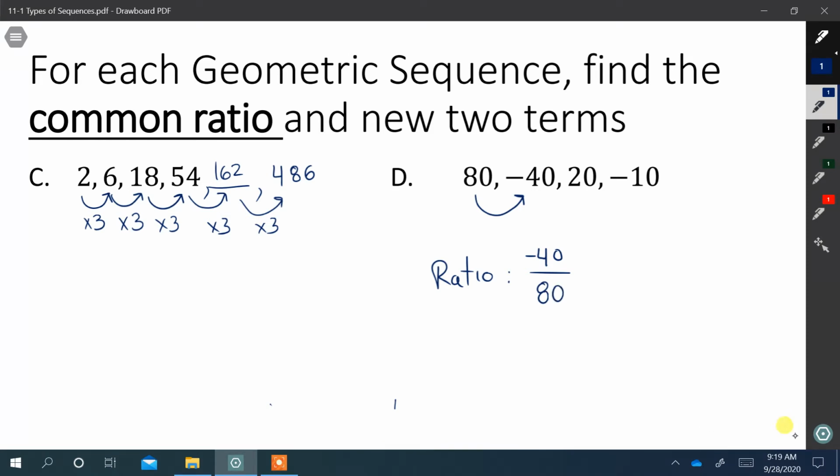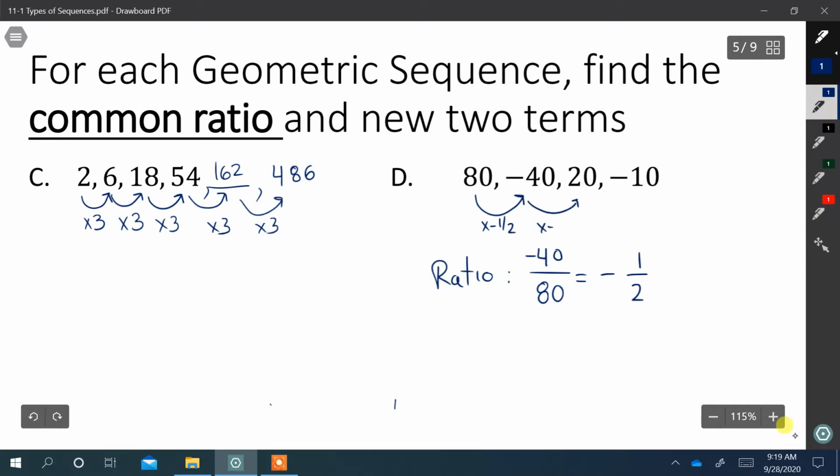That's going to give you a ratio. Now, if we simplify, we're going to divide by 40, and you get -1/2. So in reality, we're multiplying times -1/2 every time.